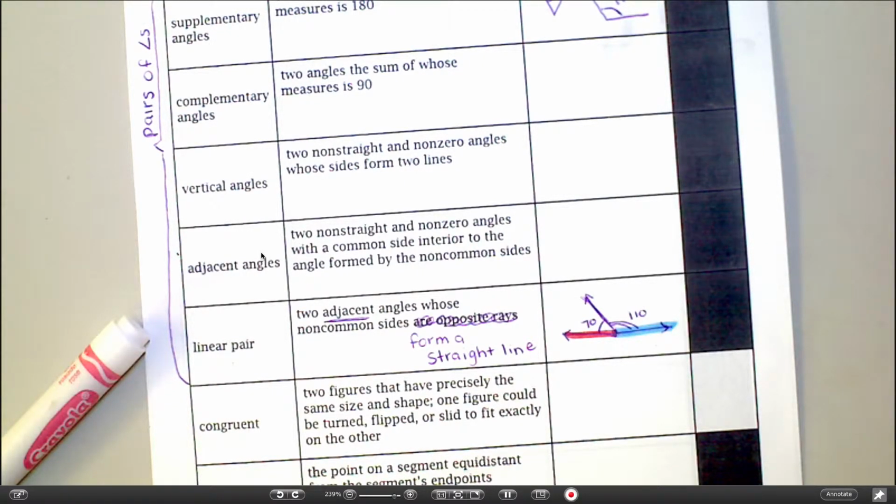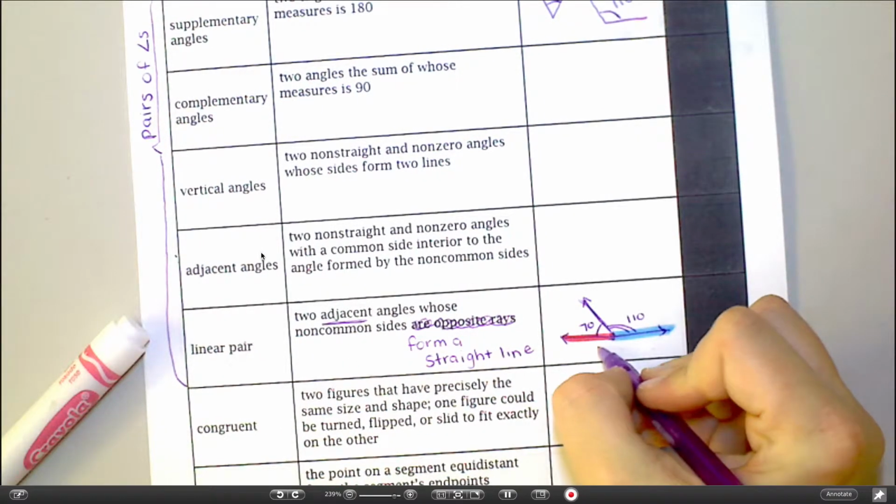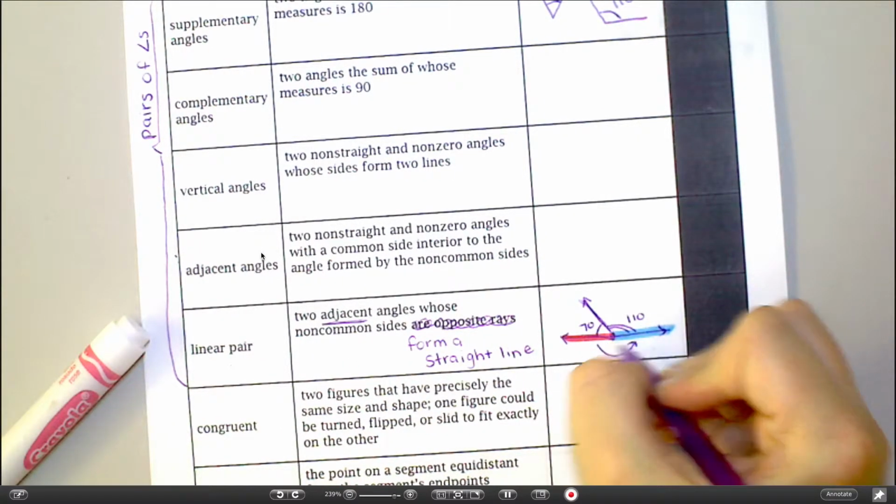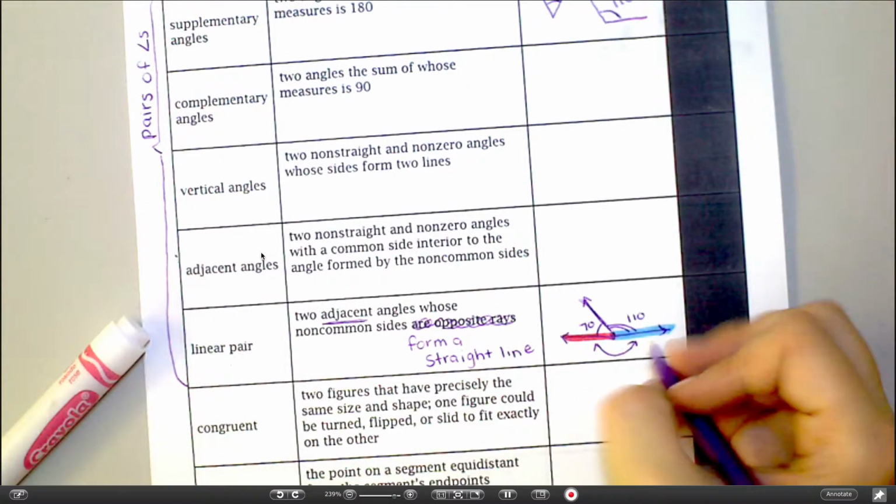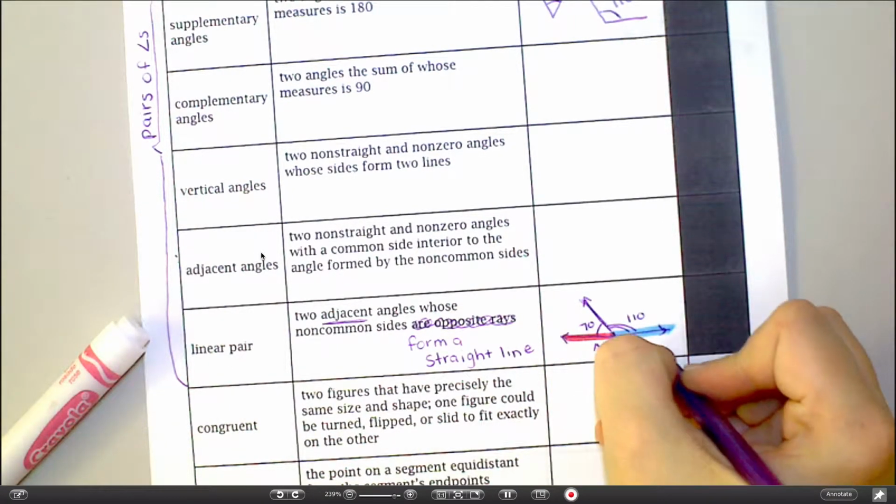Okay? Clayton? On Google it said the definition was a pair of adjacent, comma, supplementary. Okay, which is this, so adjacent, and then supplementary means that they add up to 180. Is it true that there's 180 degrees in a line? So that is an accurate definition, yes.